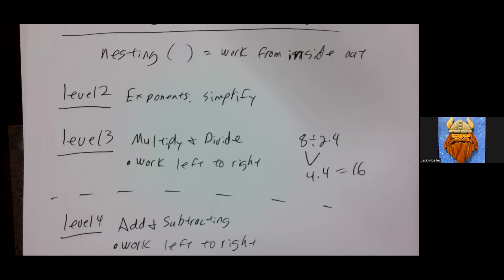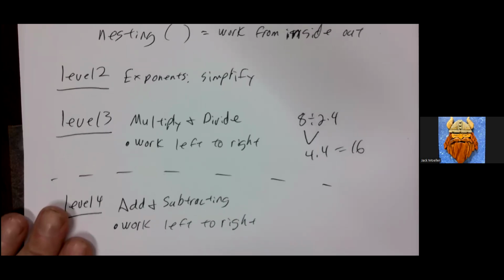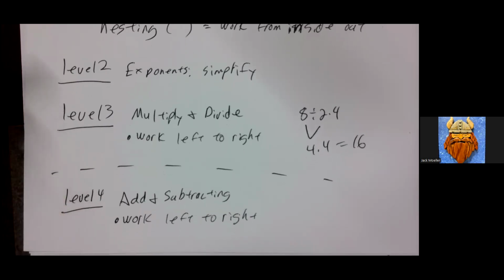So we're doing the higher level operations first and breaking it down to the more basic. Is there anything more basic in math than adding and subtracting? That's basically just counting, and that's what we first learned to do in math: 1, 2, 3, and so on. So that's why order of operations is the way it is, to help us take the more complex problem and break it down, piece by piece by piece.